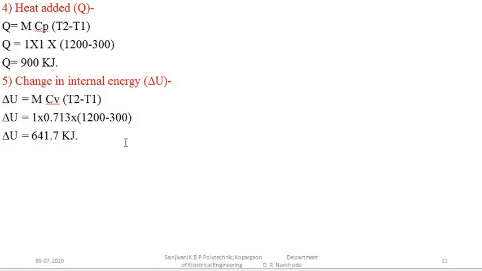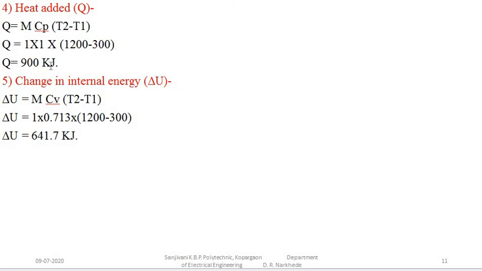Then the fourth parameter is the heat added or heat supplied during the process. So Q is equal to m Cp into T2 minus T1. This is the formula for calculating the heat supply. That is equal to mass 1 kg into Cp value, that is 1, into the temperature difference, 1200 minus 300.